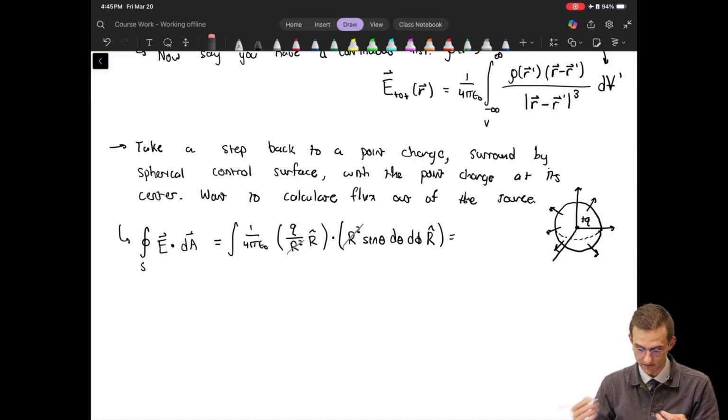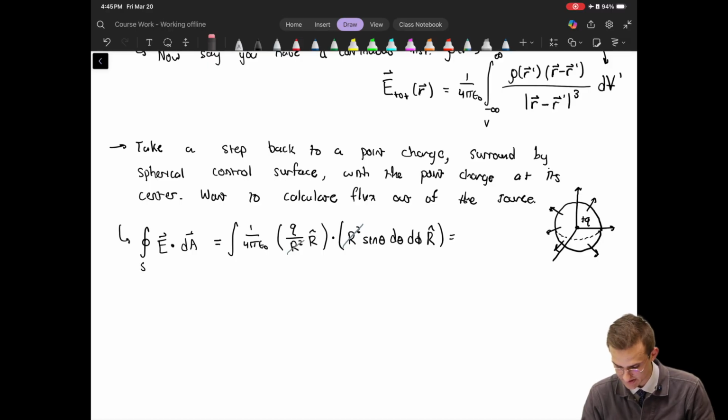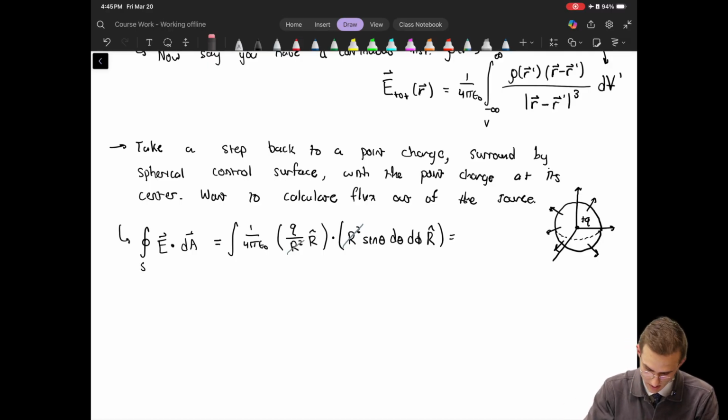And if we integrate that over 2 pi in theta, and pi in phi, or vice versa, whichever one you want to call which. I think in this case, theta is the azimuthal direction. Then you just get a 4 pi out and it cancels, and you get just Q over epsilon naught.